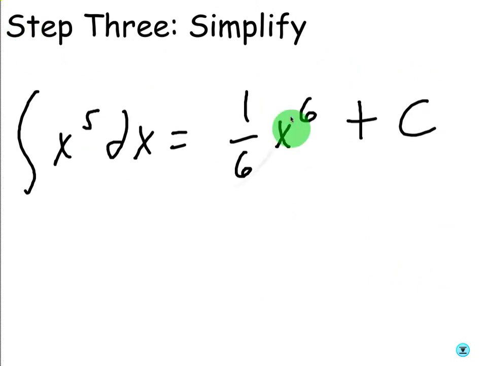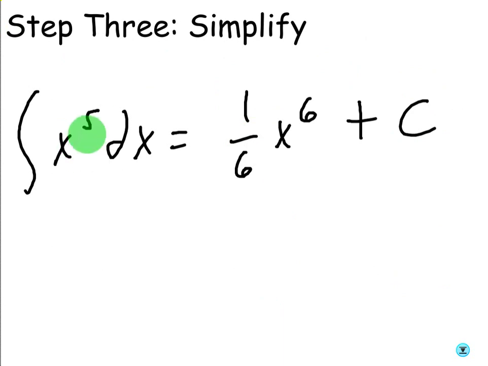Okay, when we simplify, instead of x to the 6th over 6, we usually write that as a coefficient. So we'll write 1 over 6 times x to the 6th plus c. Now we want to check our work by taking the derivative of this. We should get x to the 5th back, the function we started with.